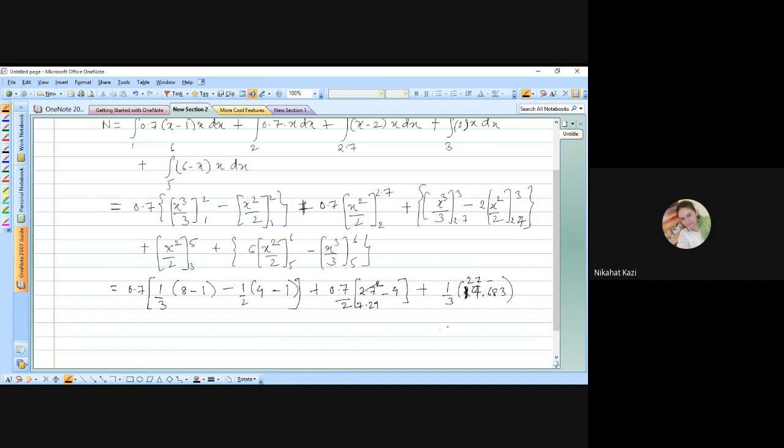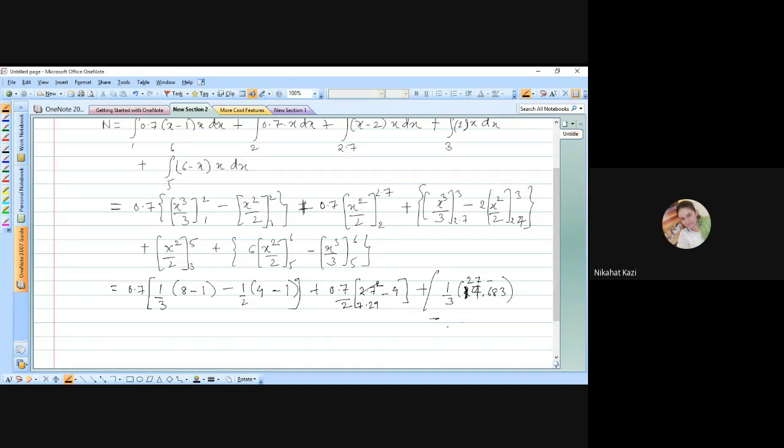Again, there's a minus sign in between, so this 2 gets cancelled out.